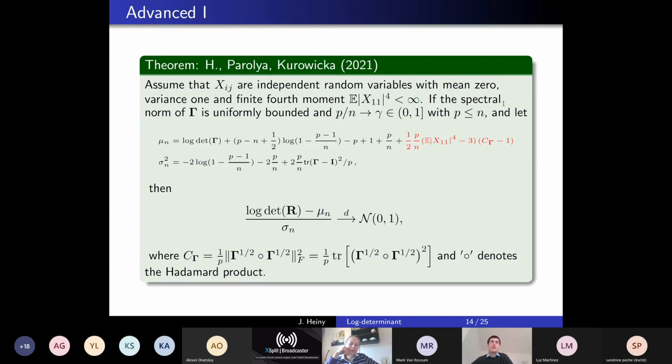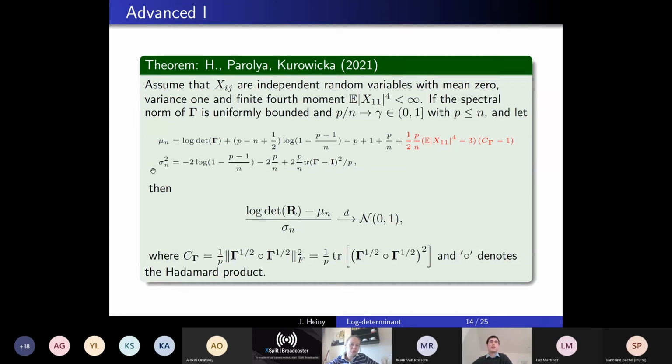And if the spectral norm of gamma is uniformly bounded, and in this high dimensional regime with P over N converging to gamma in (0, 1], where P is at most N, this is not a real restriction, because if P is larger than N, then the determinant is just 0, you can write down those mu n's and sigma n's that you need to obtain a central limit theorem.